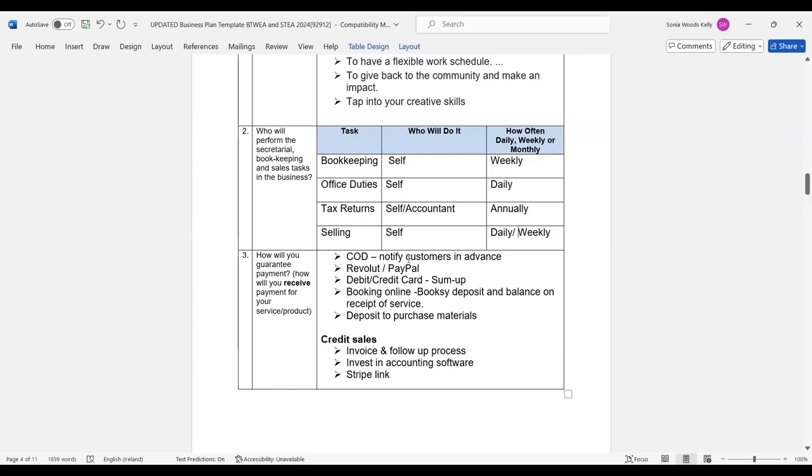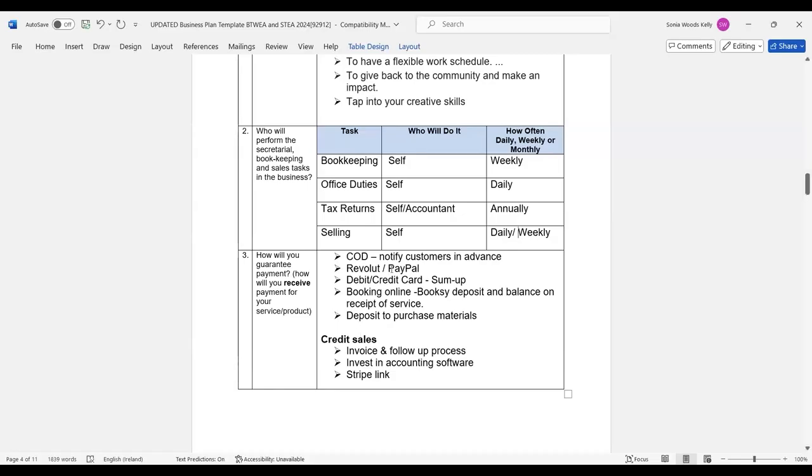If you're expecting cash on delivery, notify your customers in advance, so that anybody coming to your business and availing of your goods and services knows these are your terms and conditions. If you are only accepting cash as a form of payment, that also needs to be communicated to customers in advance.